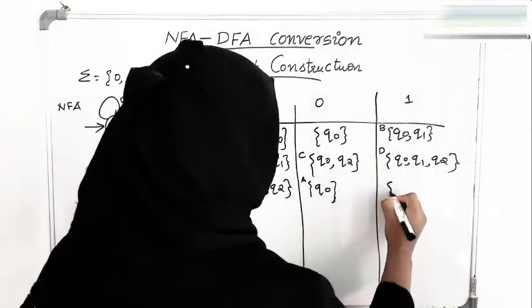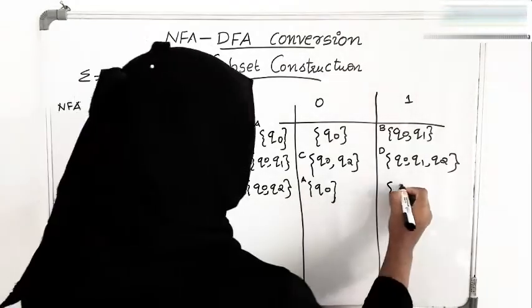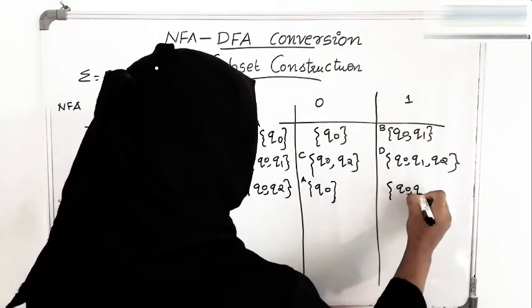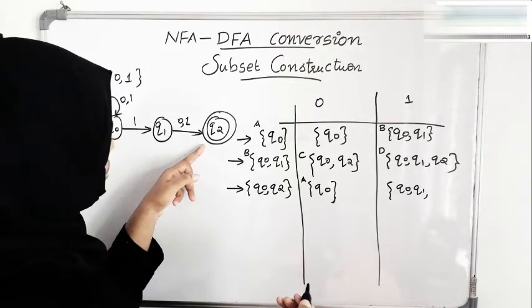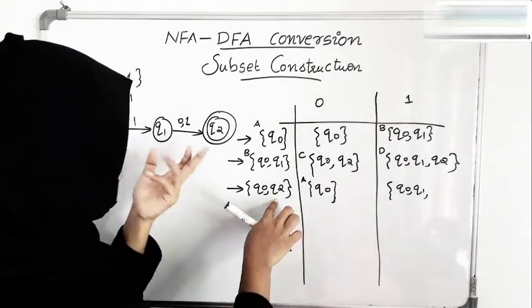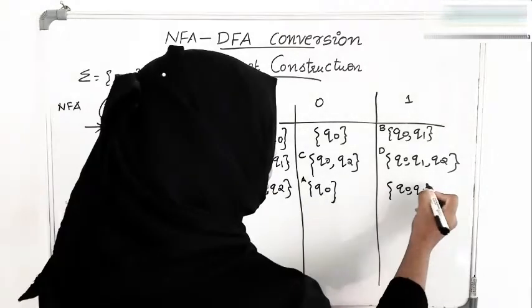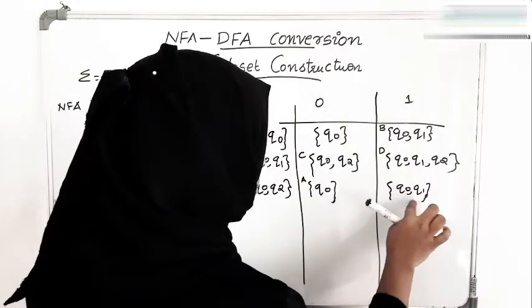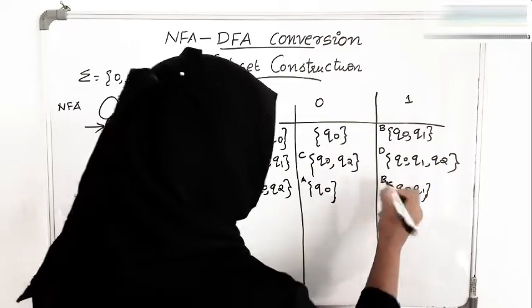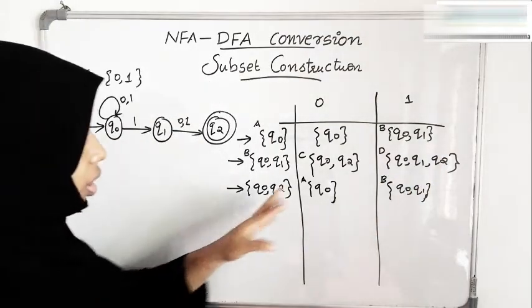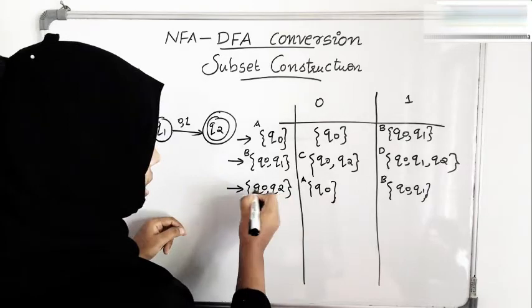Q0 on 1 gives Q0, Q1, and Q2 on 1 doesn't give anything. The transition is not defined, so you are not getting anything new. Q0, Q1 is a state which is already defined here, and it is the same B. So now this is here C.